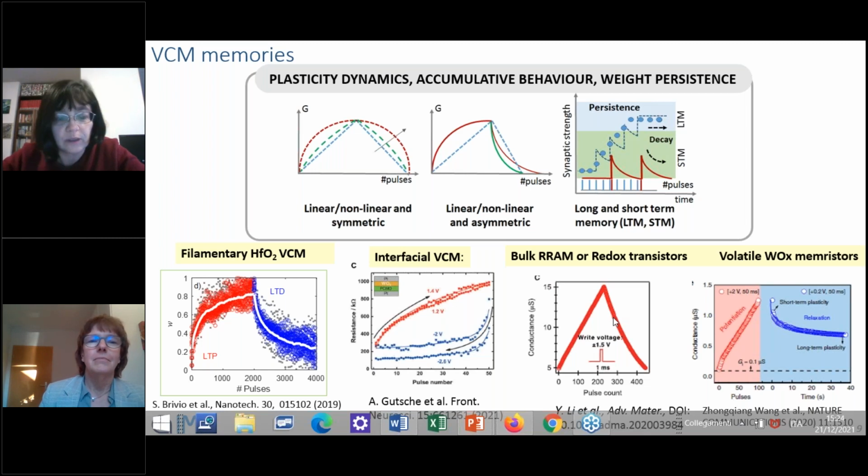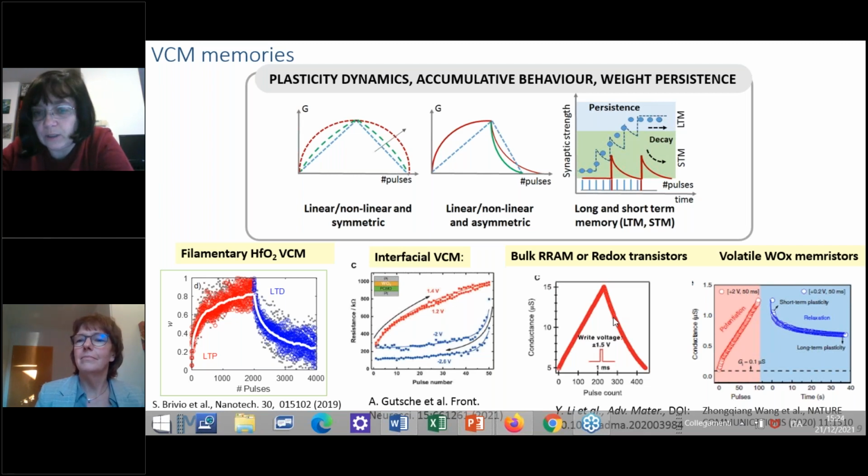Depending on the application, linearity is not always a requirement. For instance, for spiking neural networks, a nonlinear system can help to avoid catastrophic forgetting and to improve the memory lifetime. Of course, for deep neural networks, we really need some linear update. But the physics behind the device is not pushing for linearity.